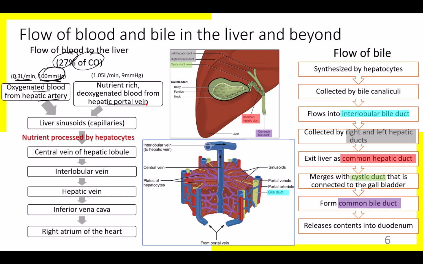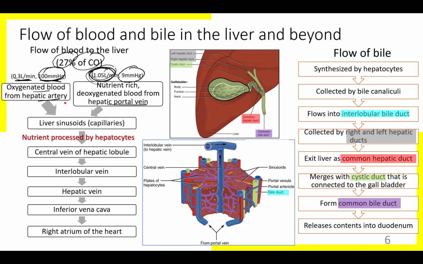Whereas the hepatic portal vein, you can see here, it's a lot of blood coming from the digestive tract, 1.05 liters a minute. And you can see here, it's low pressure. So low pressure because it's gone through the capillary bed in the digestive tract. And there's a lot of blood because we absorbed a lot of nutrients through the digestive tract, right?